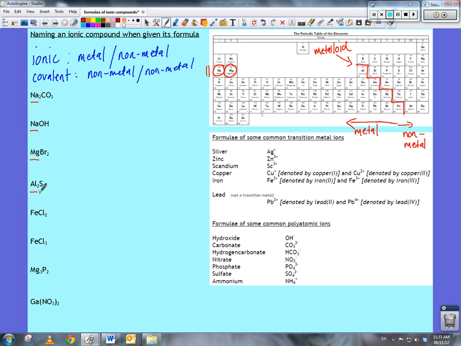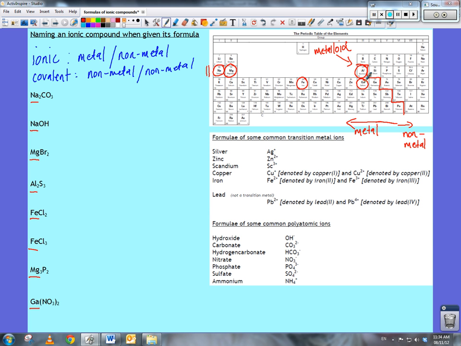Al is in group 3 over here, called aluminium, and that's a metal because it's to the left hand side of our line. Fe we'll find over here, that's called iron, and that's a metal, it's actually a transition metal. Mg we figured out already is magnesium, and Ga here, if we look down here, we'll find that Ga is called gallium, and that's a metal as well.